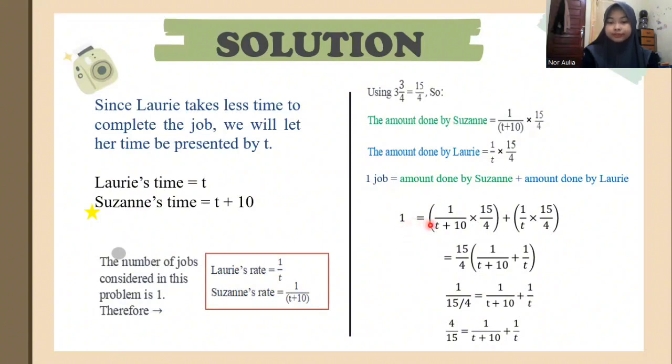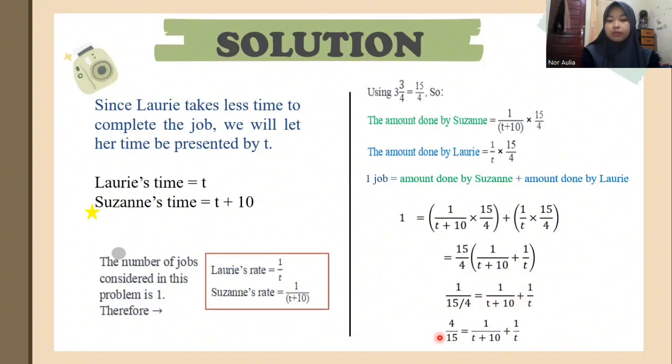1 equals 1 over t plus 10 times 15/4 plus 1 over t times 15/4, which equals 15/4 times (1 over t plus 10 plus 1 over t). So 1 divided by 15/4 equals 1 over t plus 10 plus 1 over t.